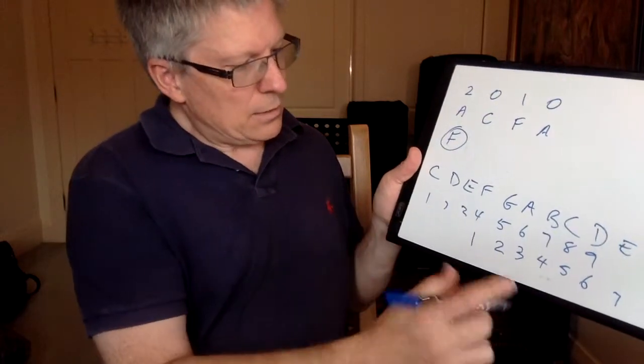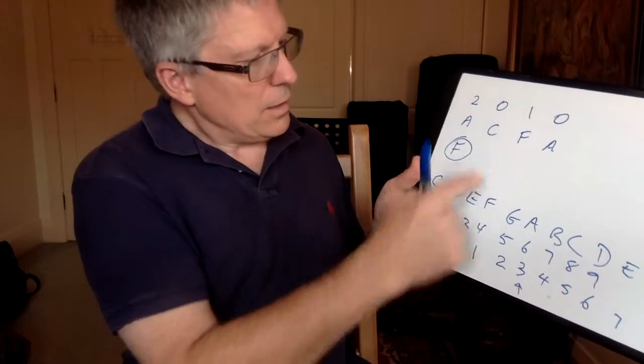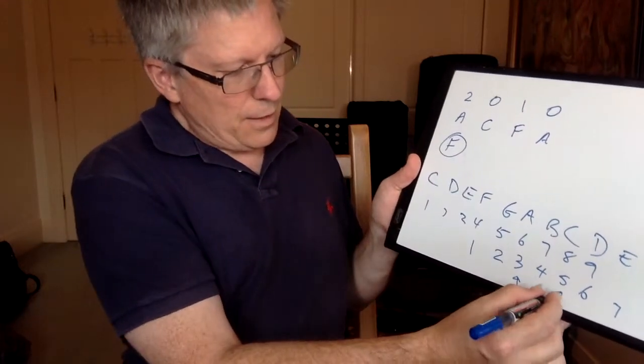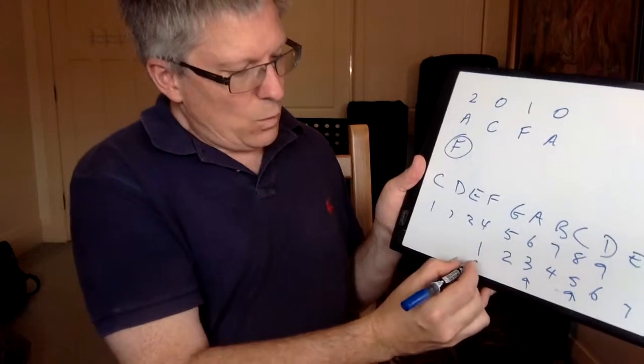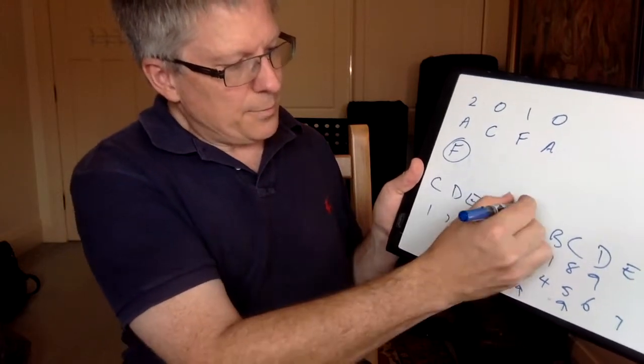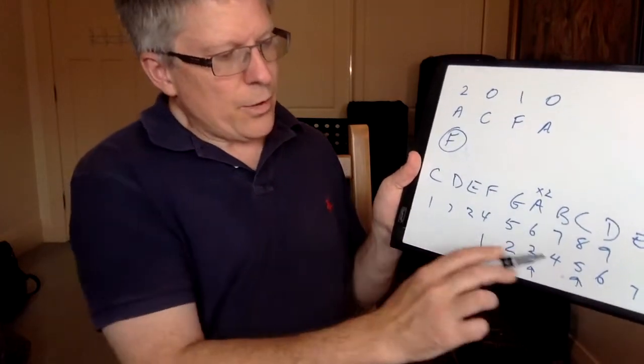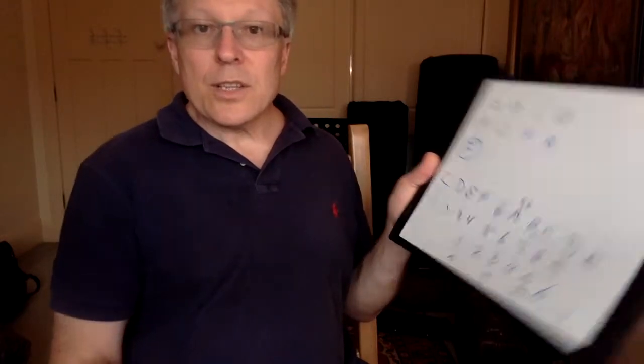Then A is 3, C is 5, F is 1, and we've got two A's this time. 1, 3, 5. Notice it's the same sequence, that 1, 3, 5.